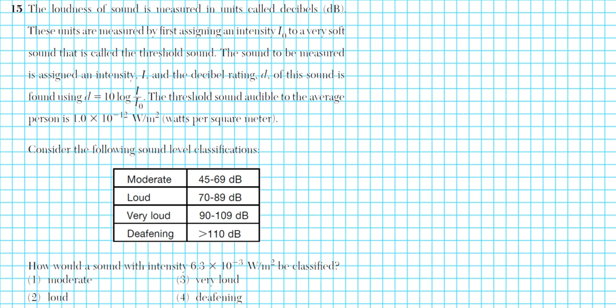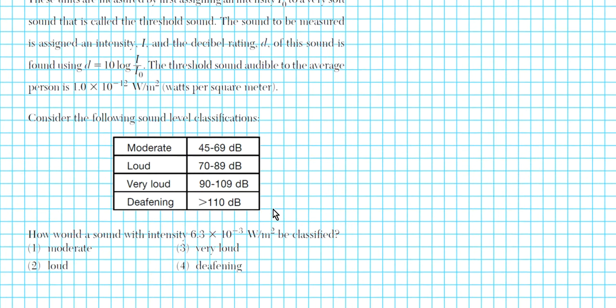The threshold sound audible to the average person is 1.0 times 10 to the negative 12 watts per meter square. Consider the following sound level classification.